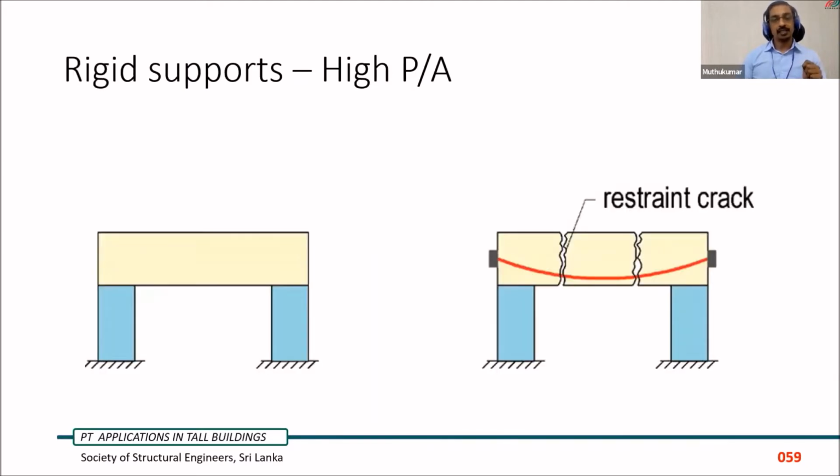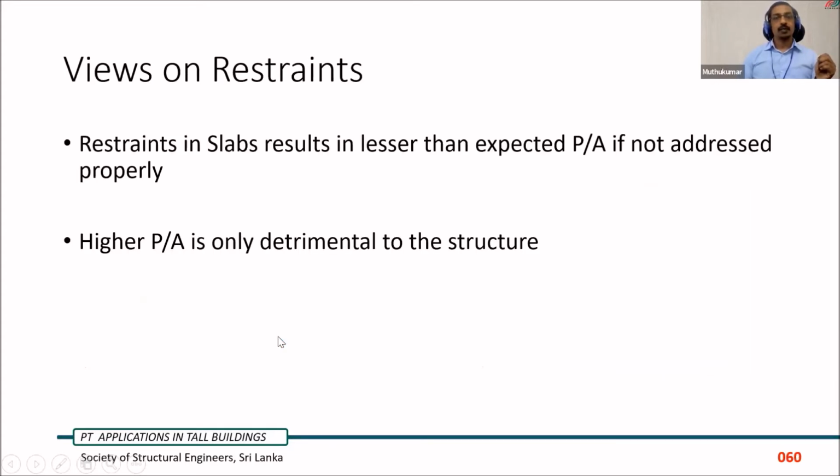Inversely, when we have a rigid support, we have to try to use pre-stress in a balanced manner. Otherwise, that will also create restraint cracks because these stiff supports will not allow shortening. So restraints in slabs result in lesser than expected P/A if not addressed properly, and higher P/A will be detrimental in both weak column and stiff column conditions.